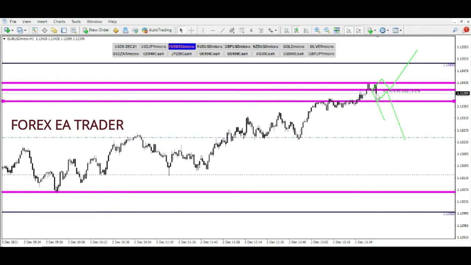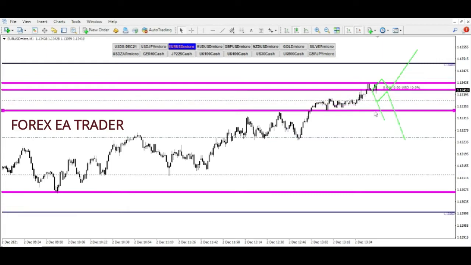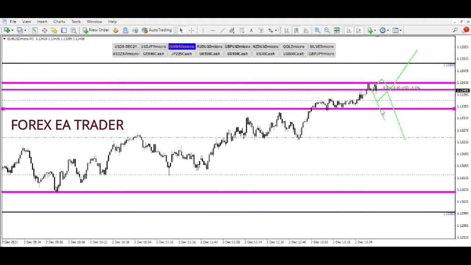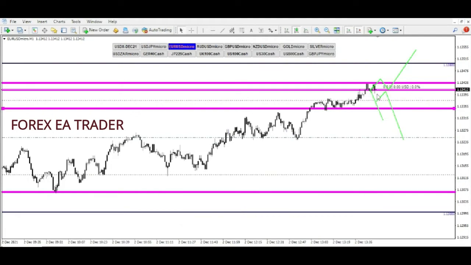When we are around here, take 90% of that trade, close it, and leave the 10% to continue to this level. If you want to hold it, you can continue with the 10%. That 90% is enough to pay for it if things do not go okay here. Even if it retraces on you, at least you have banked something. If it manages to retrace on you, you can still manage to have that trade in profit.